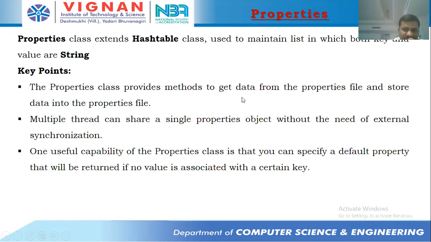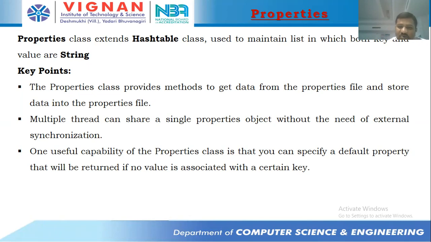And this Properties class provides a method to get the data from a properties file and to store the data into a properties file. That means you can read the data. Suppose you have a file that may contain some set of properties, an object and then a value.